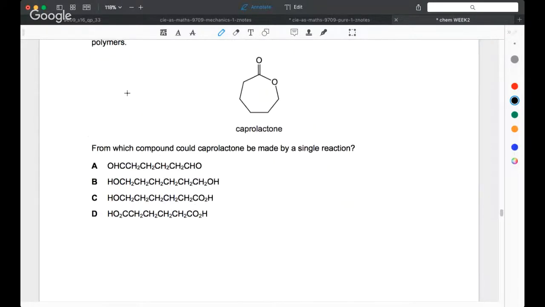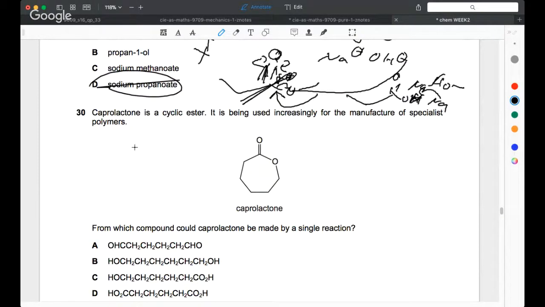Question 13. It's similar to that question, but instead of hydrolyzing it, this is like tail biting.